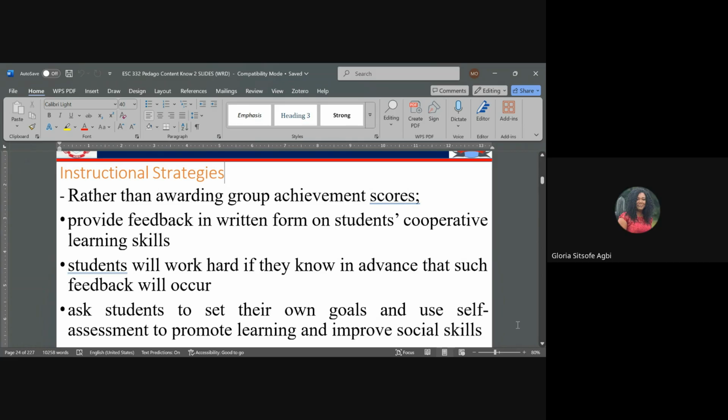We can say that when they are done with their work, you invite each group to make a presentation. During the presentation, you discuss the presentation made by every group.